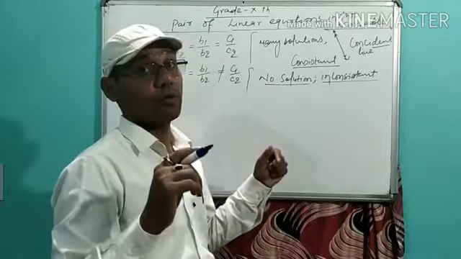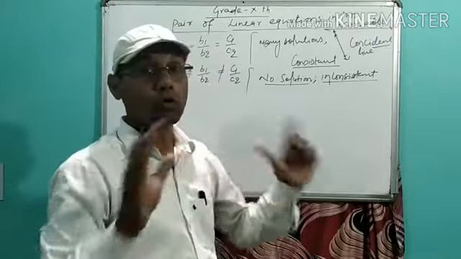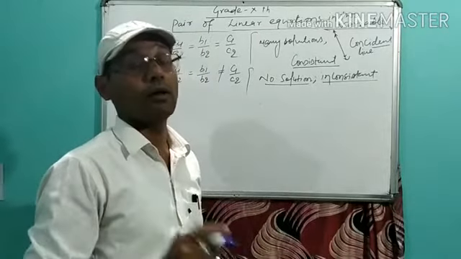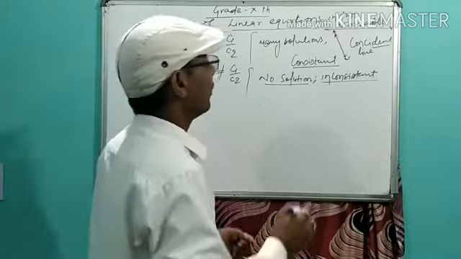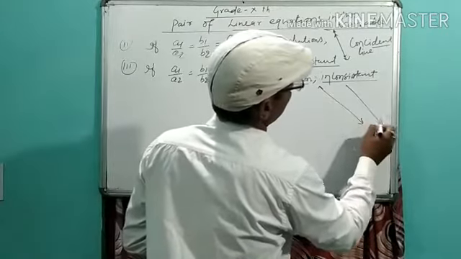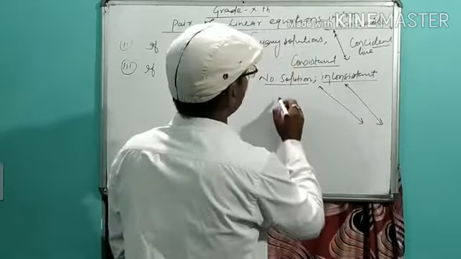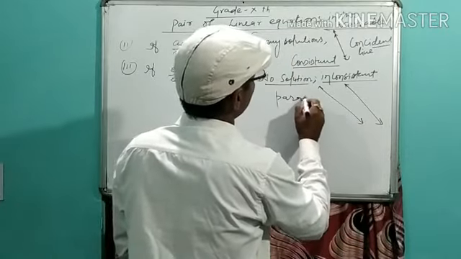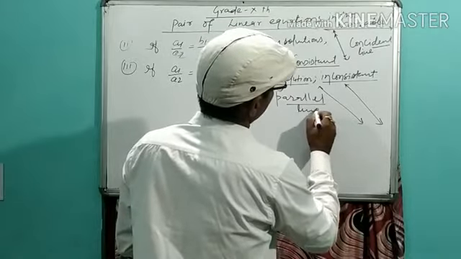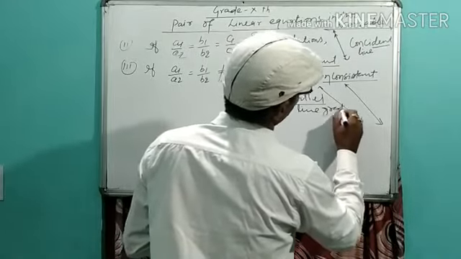You have to remember always, if no solution comes, then it will be inconsistent and the graph will be of such type, you can say a parallel line graph.